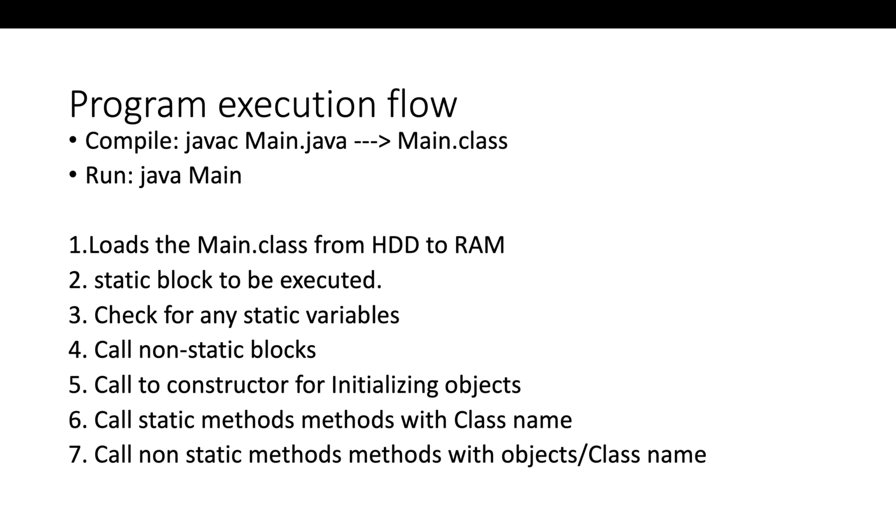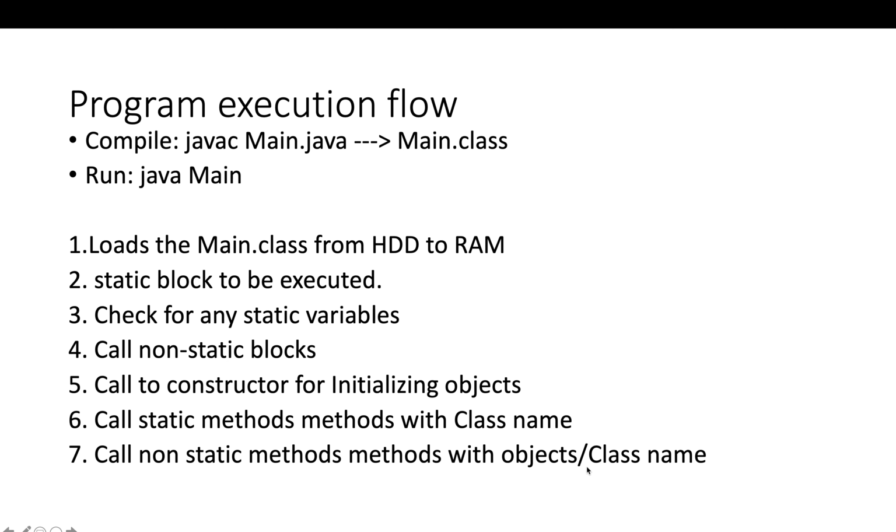Later, the next step is whatever you have defined in the main class, like calling a static method using the class name, or calling some non-static method using an object.